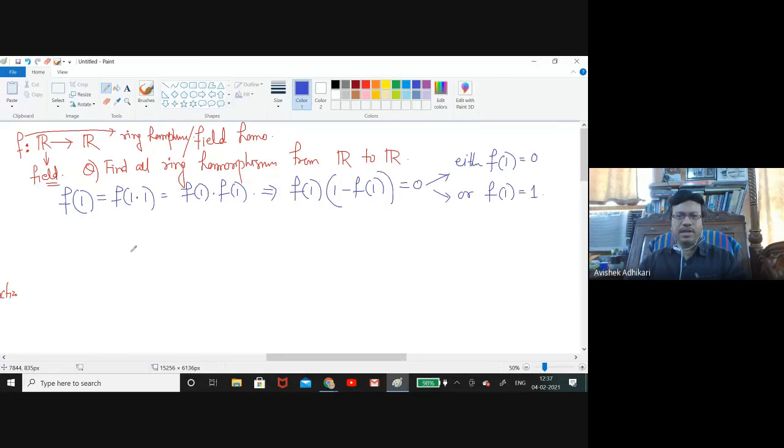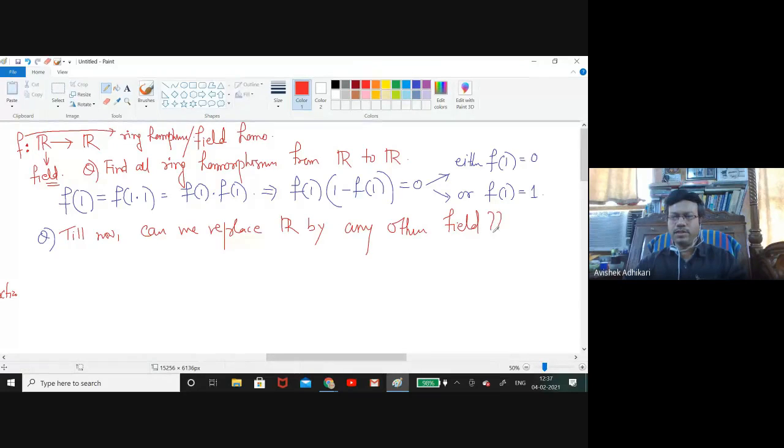Now the step that I did till now, can we replace R by any other field?